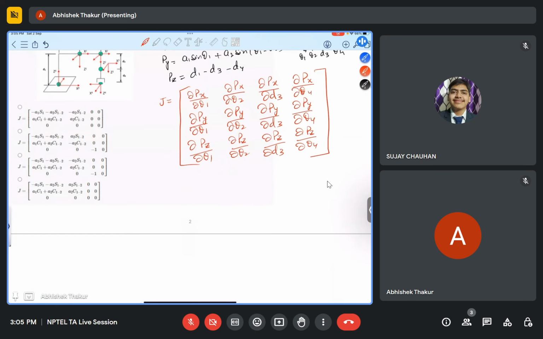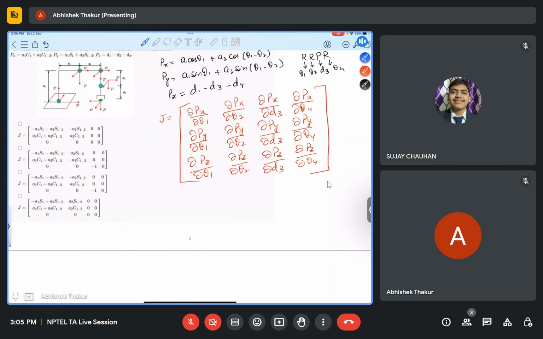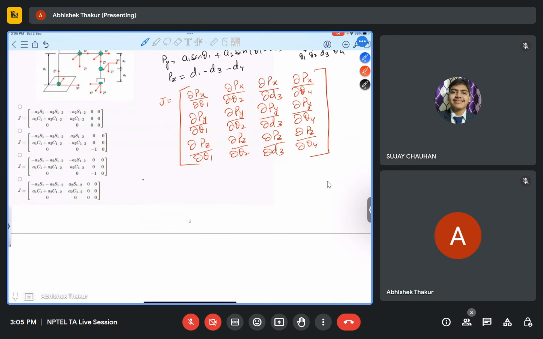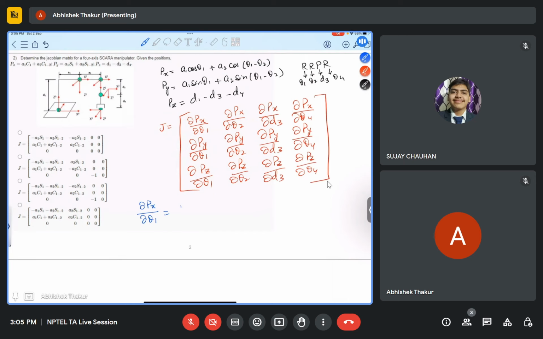So now we will find this del px by del theta 1. So here it will become a1 of, the differentiation of cos theta 1 will become sin theta 1, and the negative sign will come, plus a2 of cos (theta 1 minus theta 2).